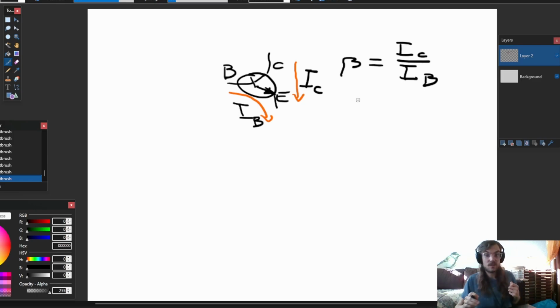But that's not the topic of this video. In this video I'm going to talk about how I used my Arduino to measure the beta value of some transistors. And for that I made a little circuit, and I exported some data to Python to do some data analysis. So let me first show you the circuit.